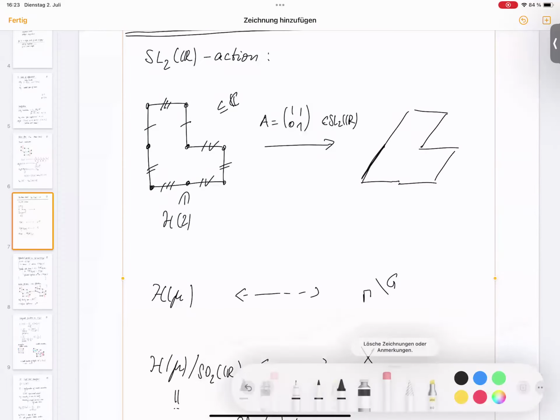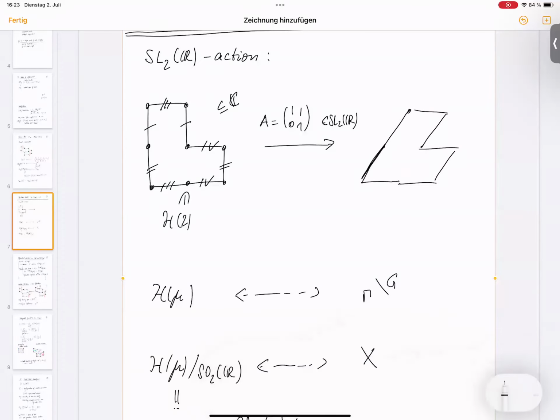The picture is a bit rough, but the point is that the sides that were parallel before stay parallel after, and so we get a well-defined flat surface in H2 again. And since SL2R acts on planar polygons, this also defines an action of SL2R on strata.